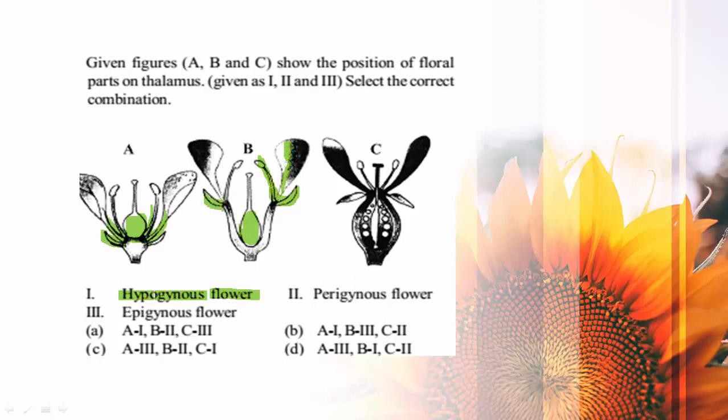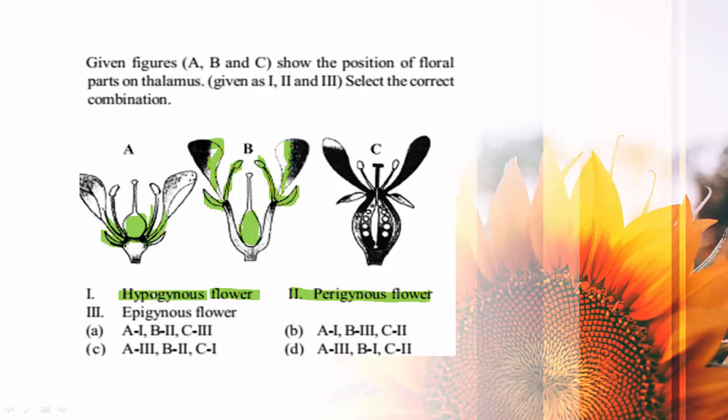They are present on the side of the ovary. So this flower is perigynous, where the ovary is half inferior. Half of the portion is inside the cup-like portion of the thalamus, and half can be seen outside. Therefore, the ovary is said to be half inferior in case of a perigynous flower.